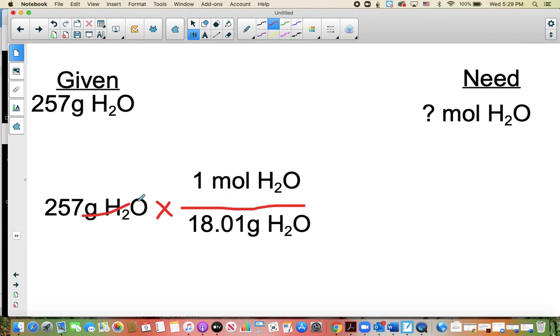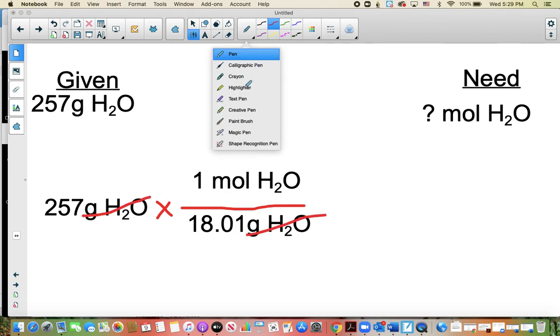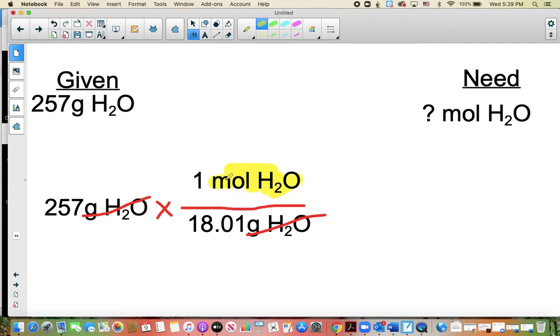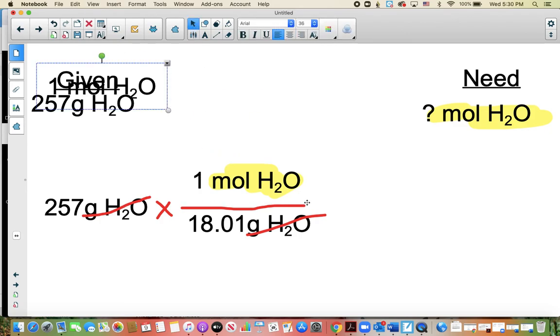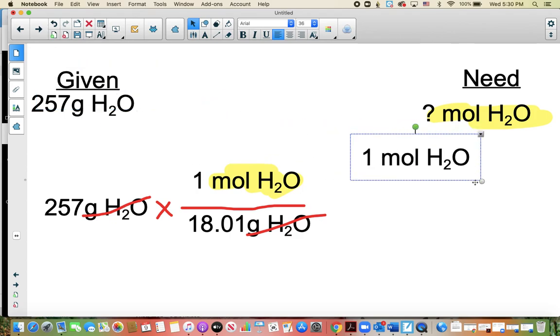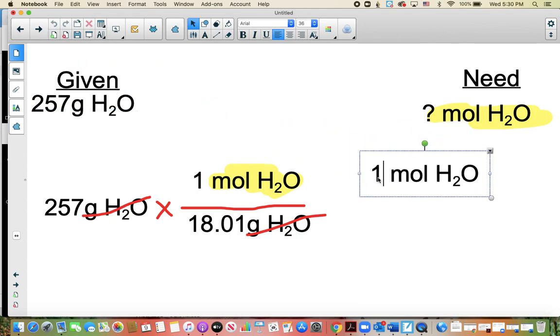I can cross out my grams of water, and my active unit is correct again because I need moles of water, and that matches what I have here. So my answer is going to be 14.27 moles of water.